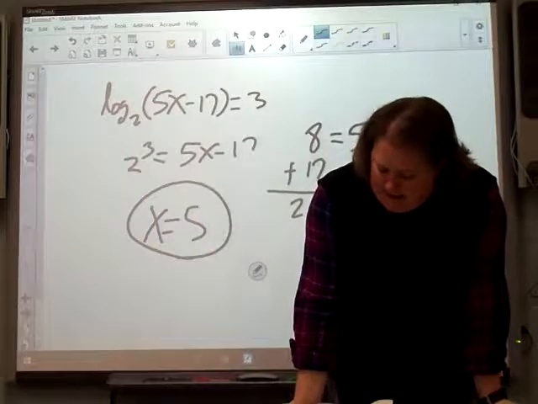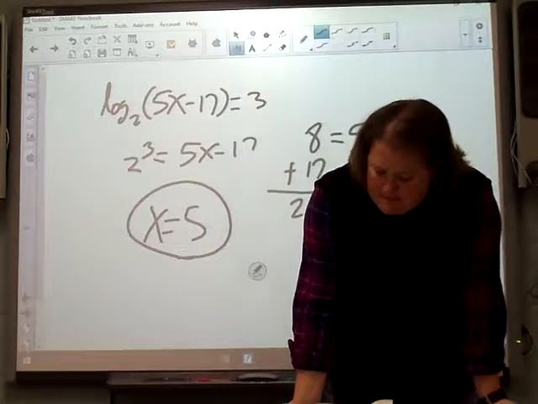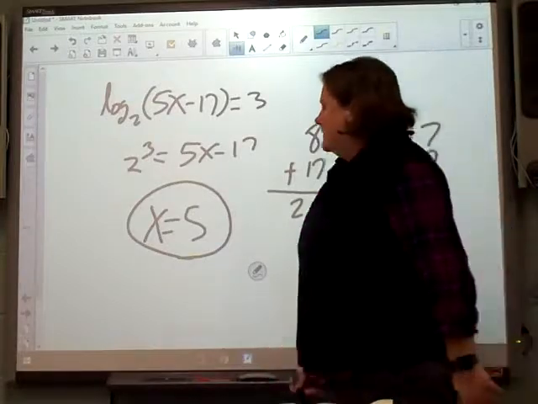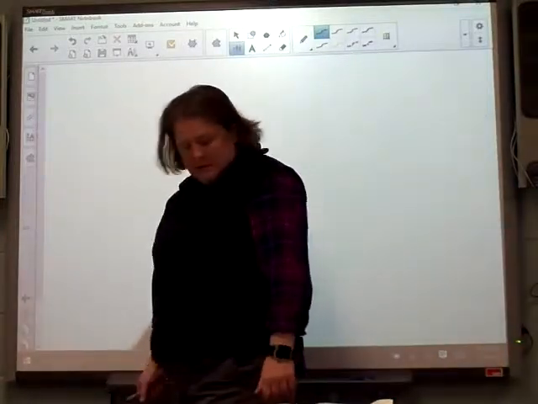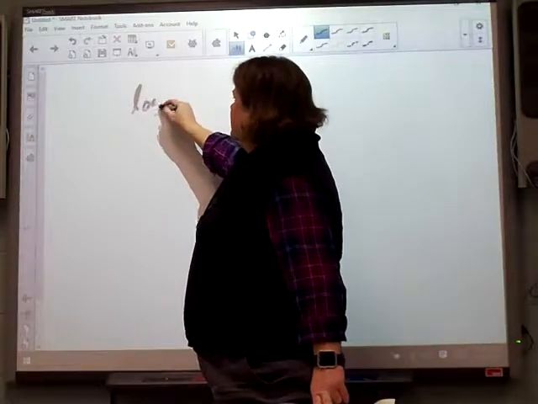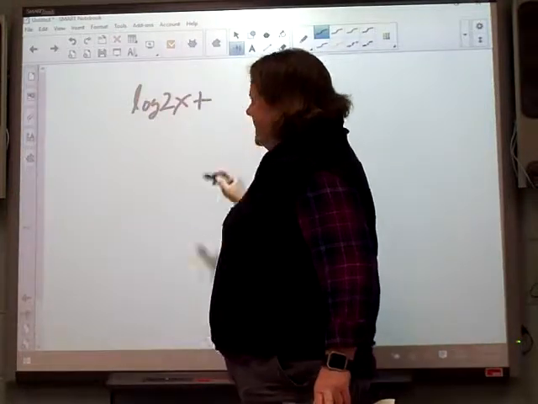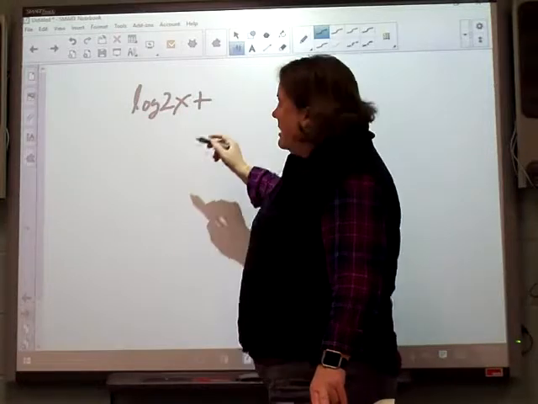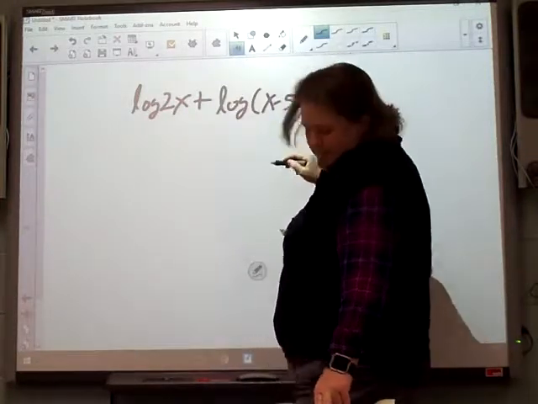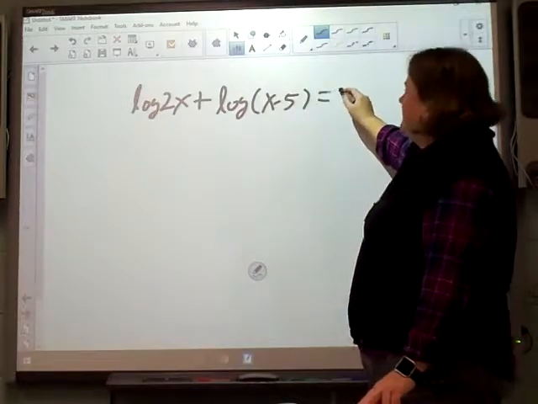Alright, this next problem that I'm going to throw at you combines yesterday's stuff. I have log of 2x plus log of x minus 5 is equal to 2.